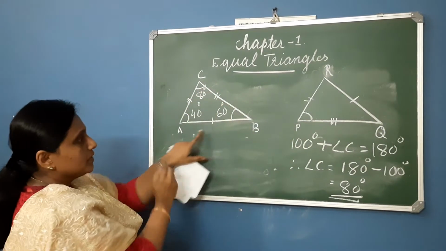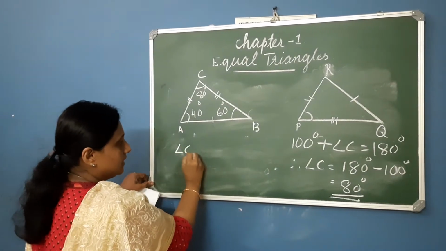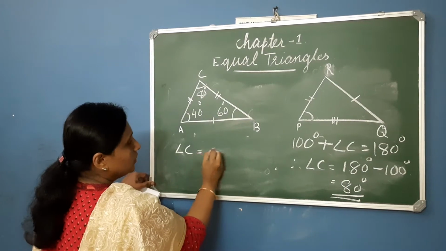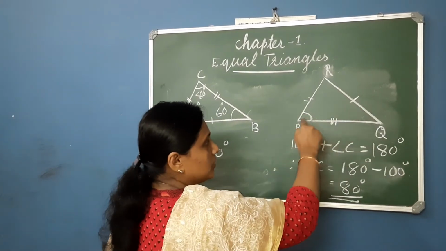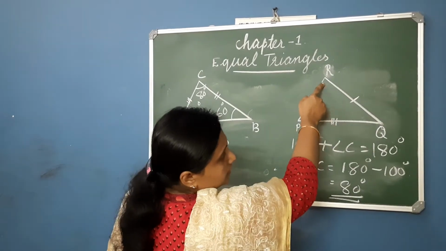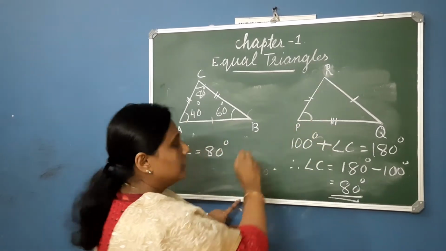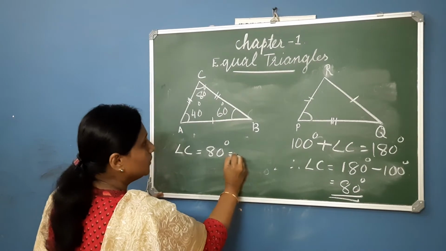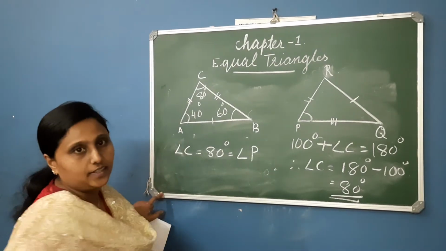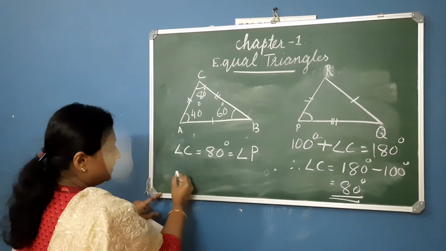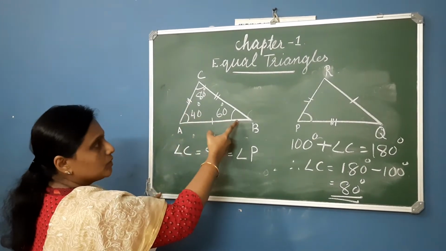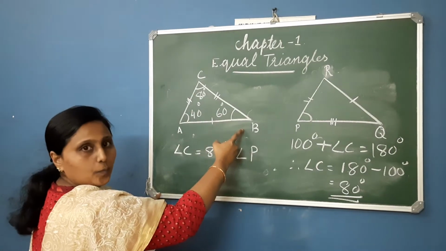The angle opposite to AB is angle C, which is equal to 80 degree. So the angle opposite to side QR is P. Therefore, angle P is equal to 80 degree. Then let us consider side AC, which is the angle opposite to AC, B.